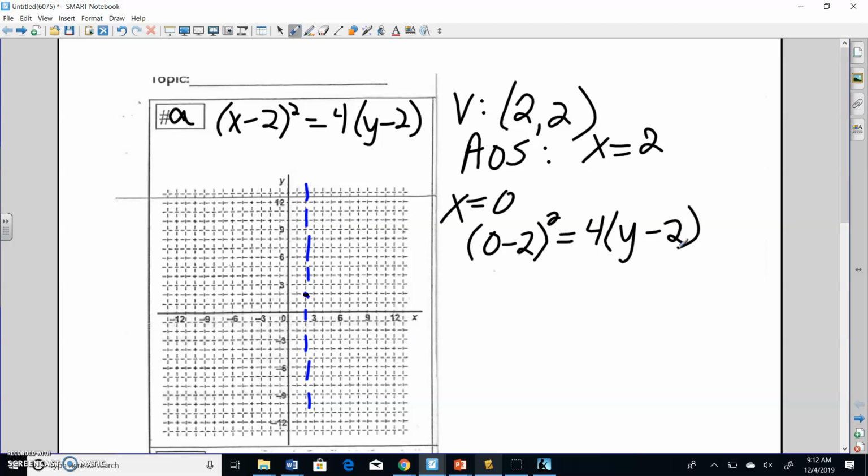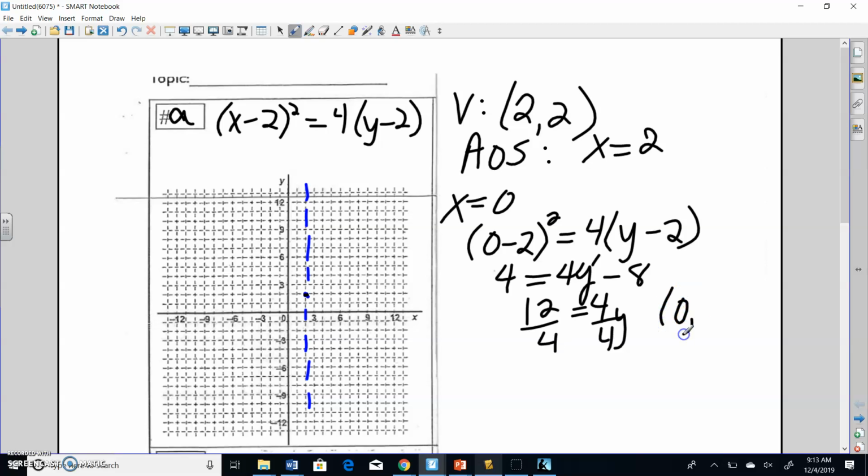Negative 2 squared is 4 on the left, correct? And I distribute the 4, which gives 4y minus 8 on the right. Now I solve for y: add 8, divide by 4. So 4y equals 12, and y equals 3. That gives me the point where x was 0 and y is 3, correct?